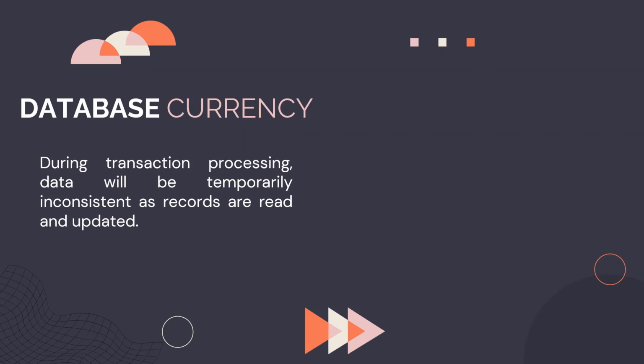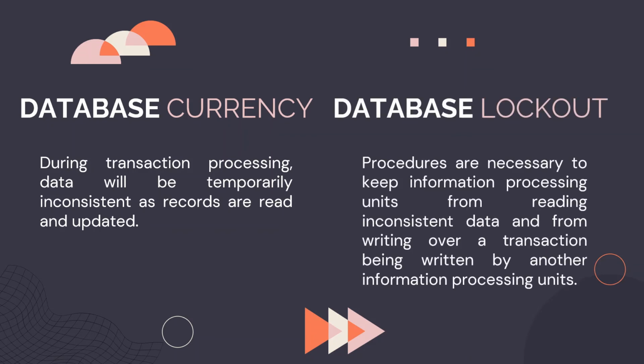However, due to that simultaneous access, since they are at the same time, there are times that the records become inconsistent because they might be updating the same file at the same time. That is why the solution that we have is the database lockout.